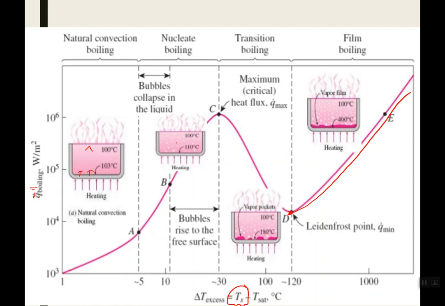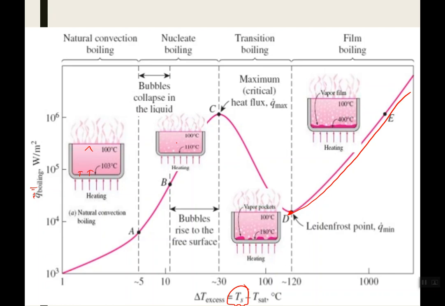Anyone sense why they would start going back up again? Yeah, James? Okay, so James is saying we keep heating up our surface. We keep adding more and more temperature.